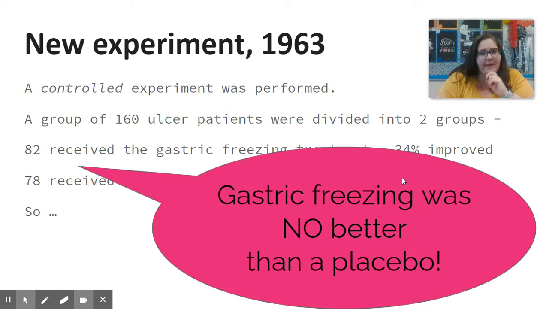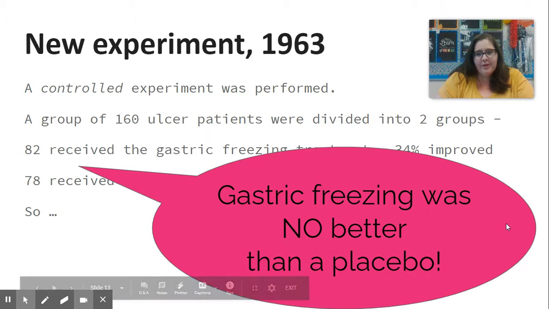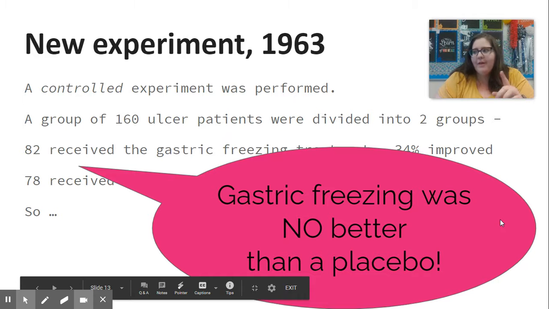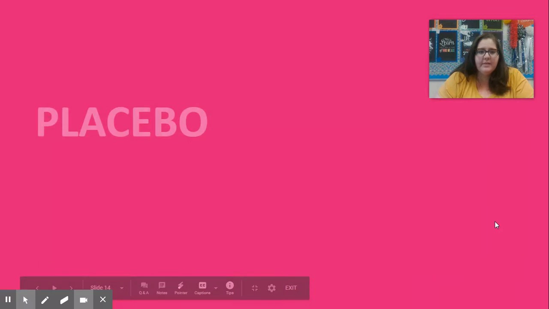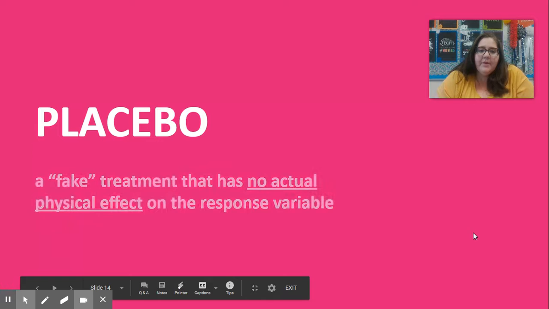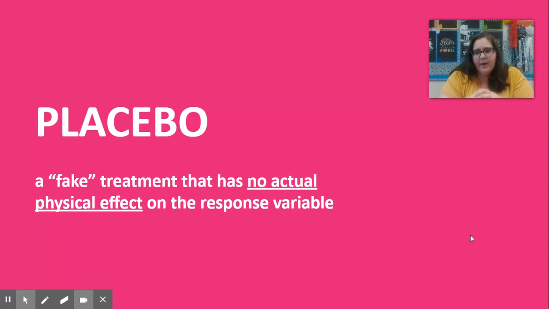So gastric freezing was no better than a placebo treatment, right? Our gastric freezing group, the actual treatment that we thought was amazing, didn't do any better than a placebo treatment. So you may have heard this word before, but what is a placebo? A placebo is basically a fake treatment that has no actual physical effect on the response variable.